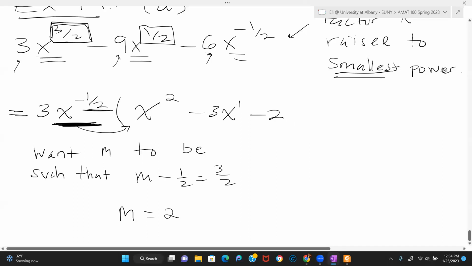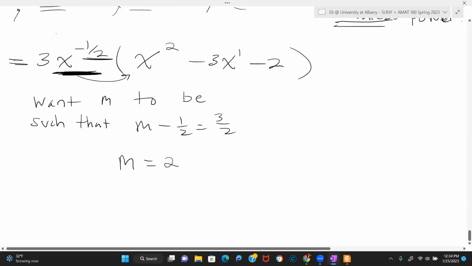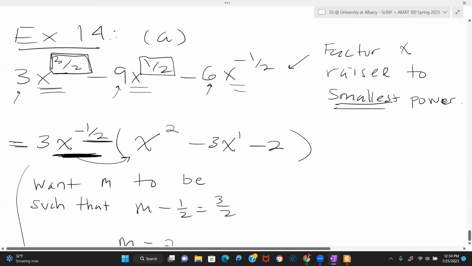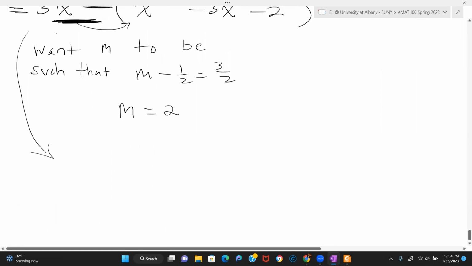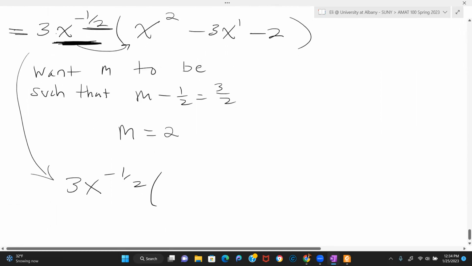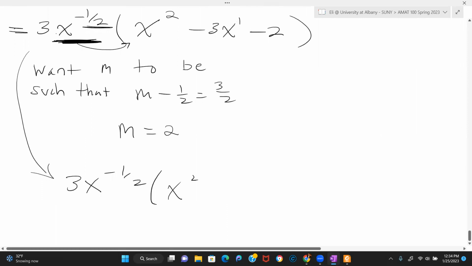So since this is a somewhat complicated problem, let's actually check. Let's FOIL this through and see if we get what we started with. So we have 3x to the -1/2 times x squared minus 3x minus 2.